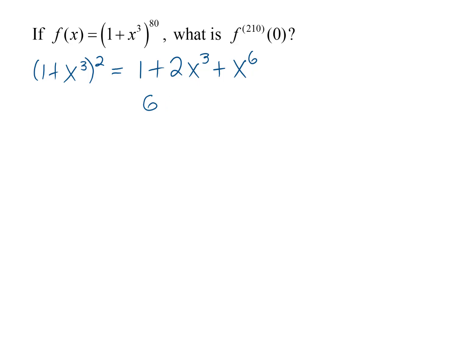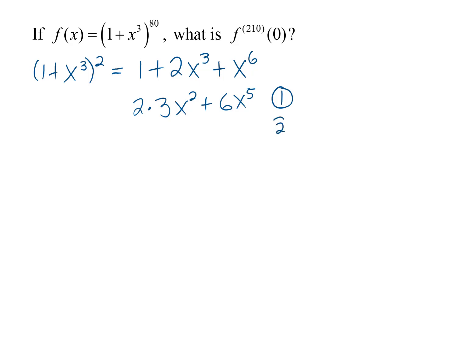Actually, I'm going to write this as 2 times 3 because we're looking at a pattern, x squared plus 6x to the 5th. So this is what it looked like with the first derivative. When you evaluate that first derivative at 0, it's going to be 0.